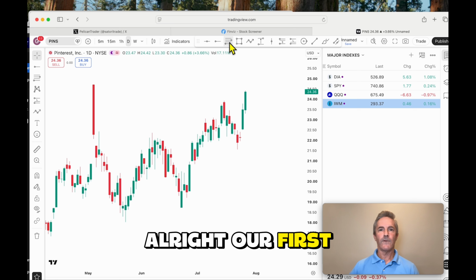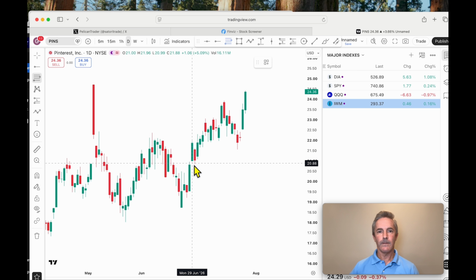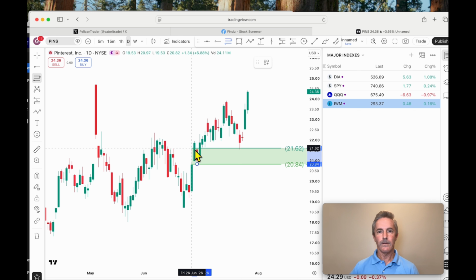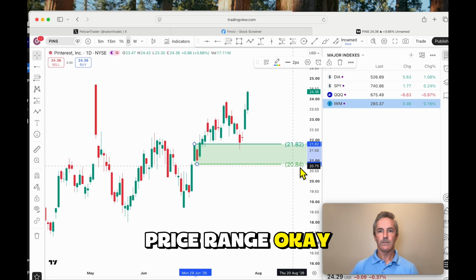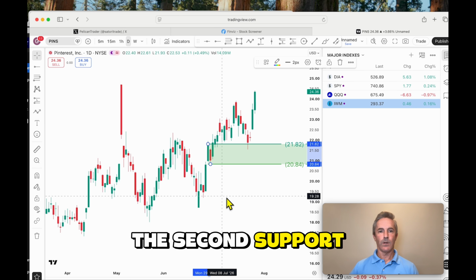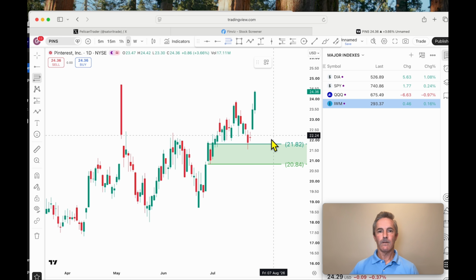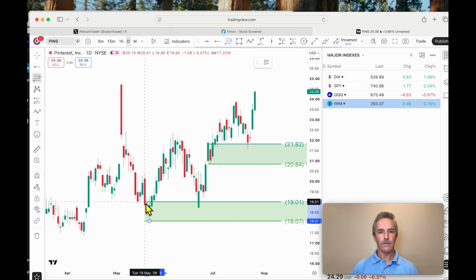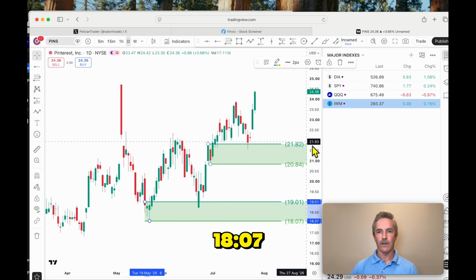All right, our first support level is right here in the 2182 to 2084 price range. Okay, the second support level, draw that one real quickly here, between 1901 and 1807.